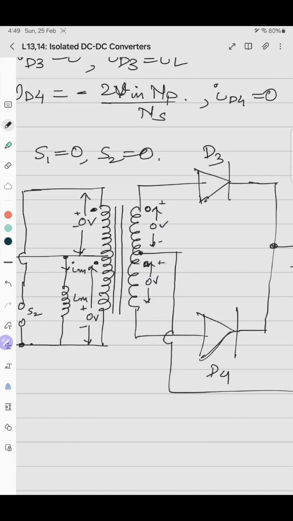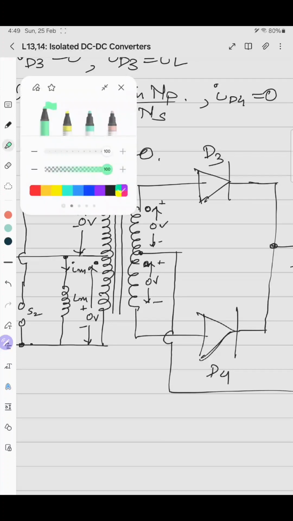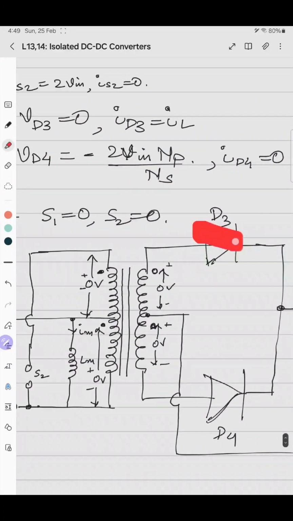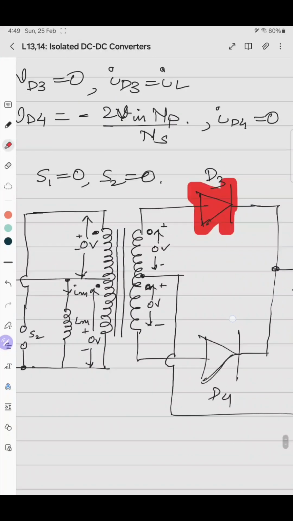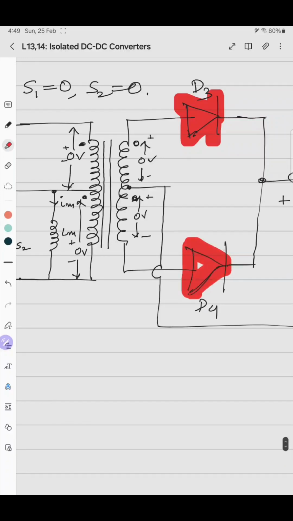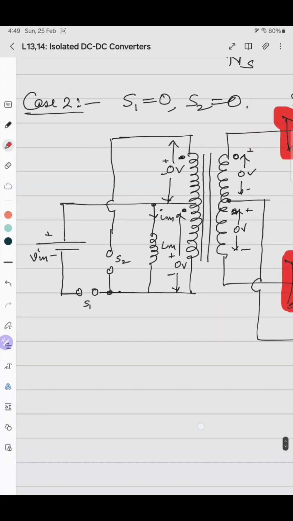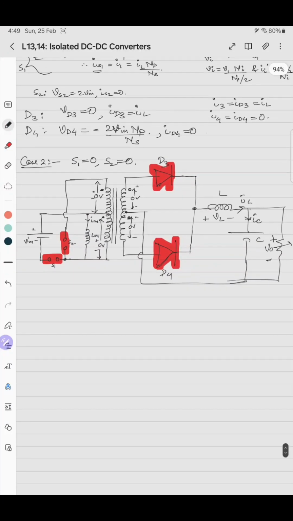So there is no polarity. The diode D3 will be turned off, or it will be reverse biased. Similarly this diode will be turned off. This switch is turned off, this switch is turned off. Everything is turned off in this case.